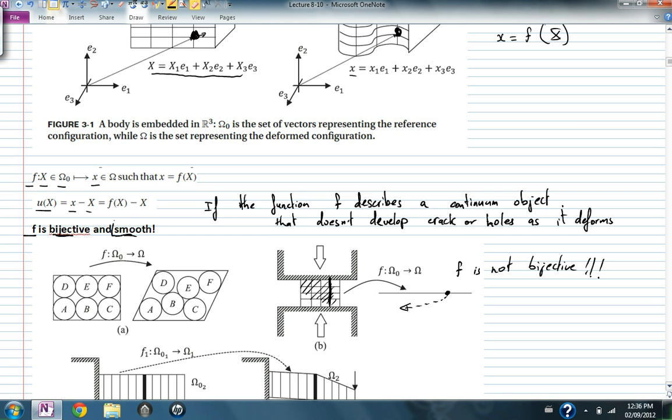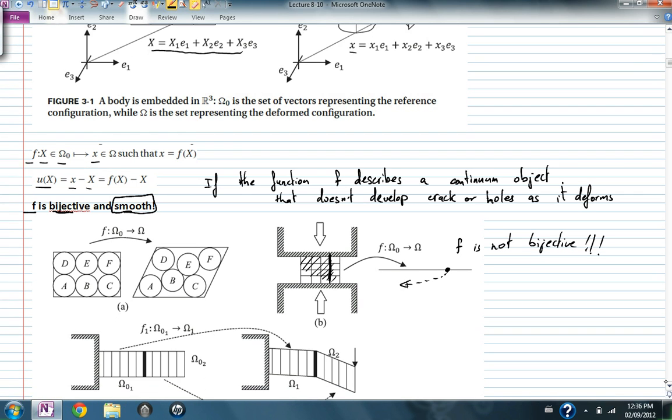F also has to be smooth. In fact, it has to be continuous and smooth. So, for example, the elements of continuum mechanics that I will study in this course cannot be used to describe the deformation of a box of smaller objects, such that the smaller objects change their neighbors.